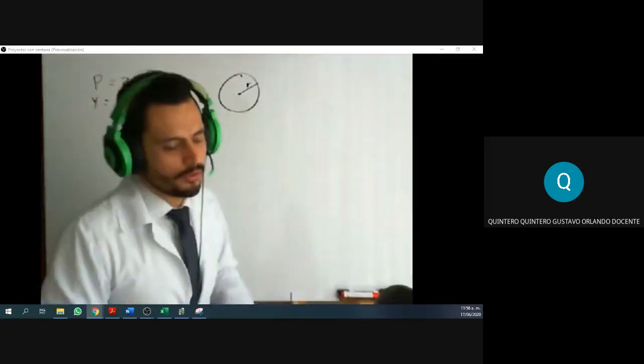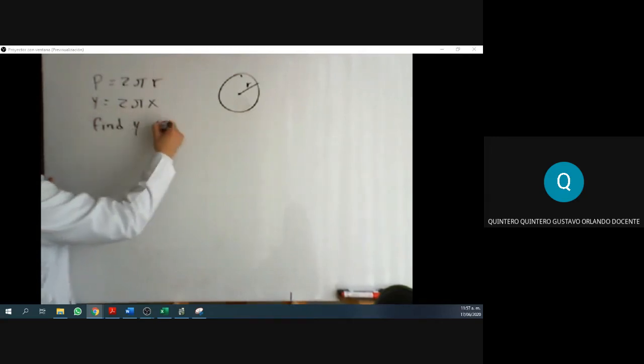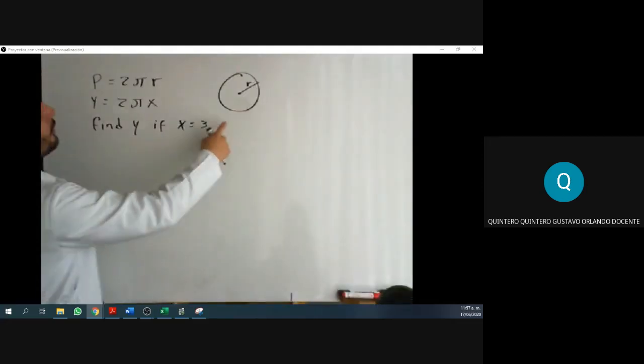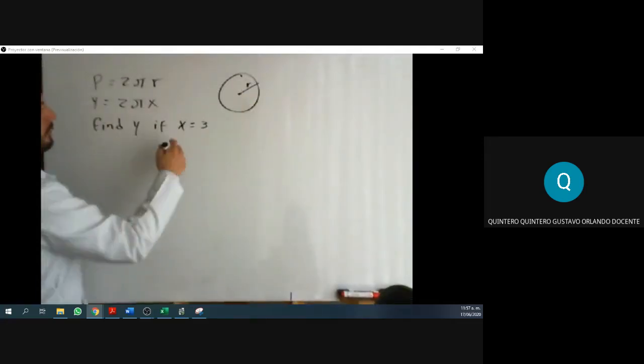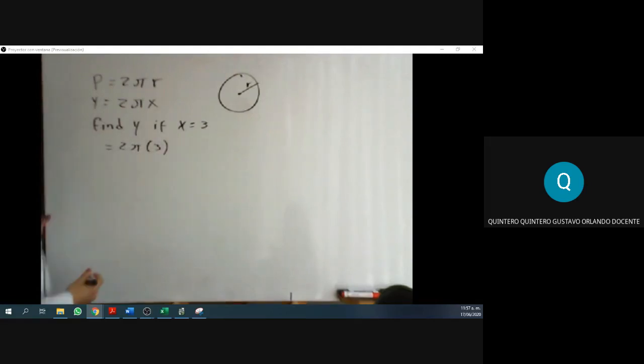So here's how you can see it a little bit better. Let's say I want you to find y if x equals 3. I have a value of r, a value of x, of 3. So I have 2 pi times 3, right?